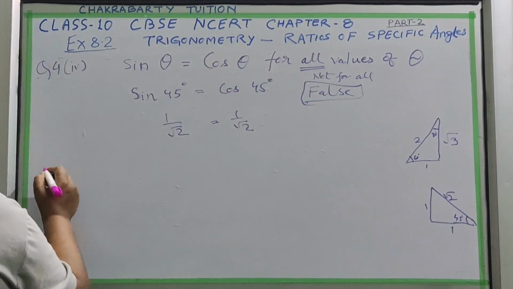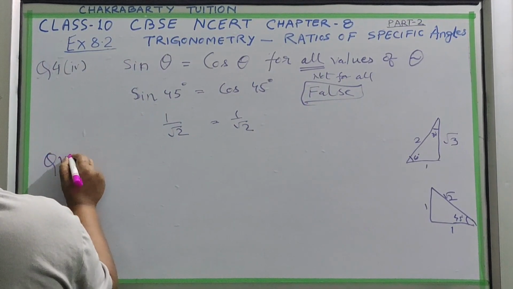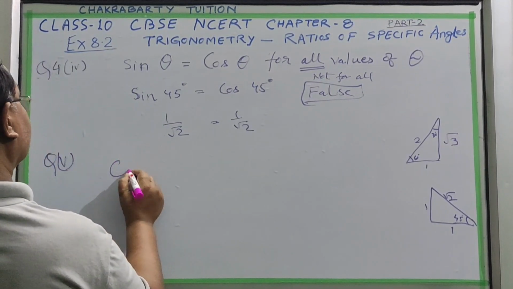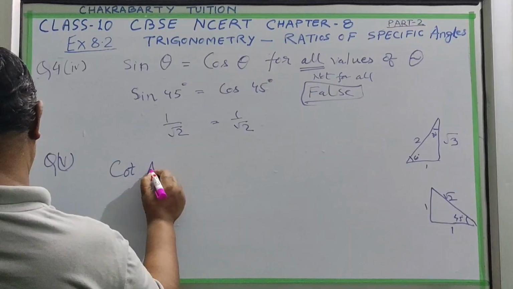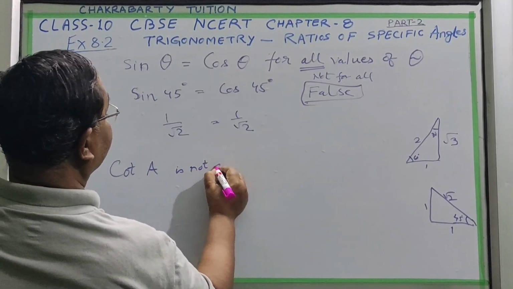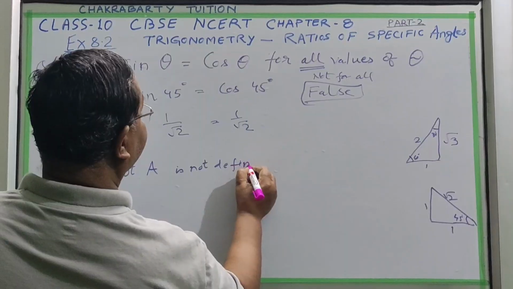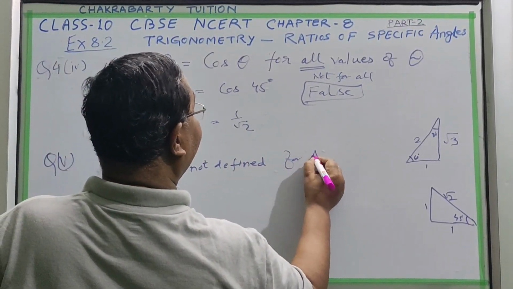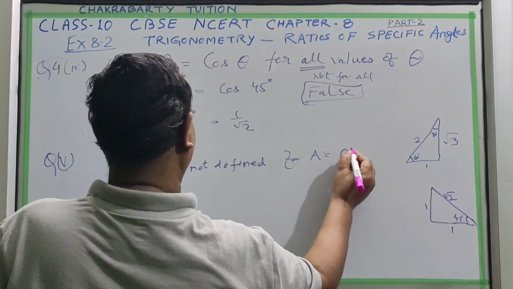We are doing the fifth part. Here they want to know: cot A is not defined for A equal to 0.